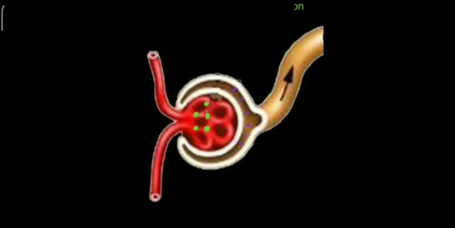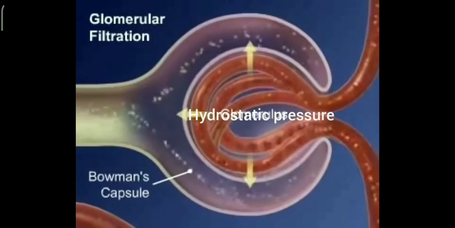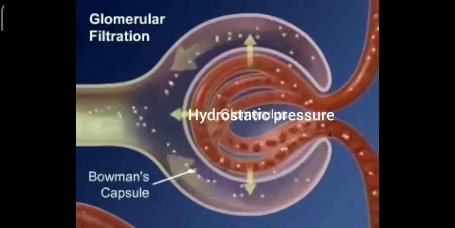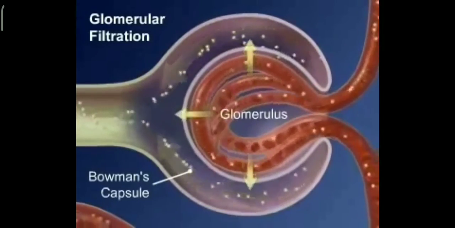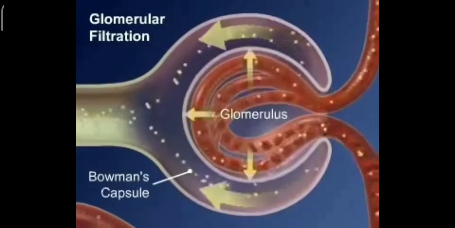All capillaries reunite to form an efferent arteriole that leaves the cup-shaped cavity. Diameter of afferent arteriole is greater than efferent arteriole. It creates high hydrostatic pressure in glomerulus, and it is important for ultrafiltration.